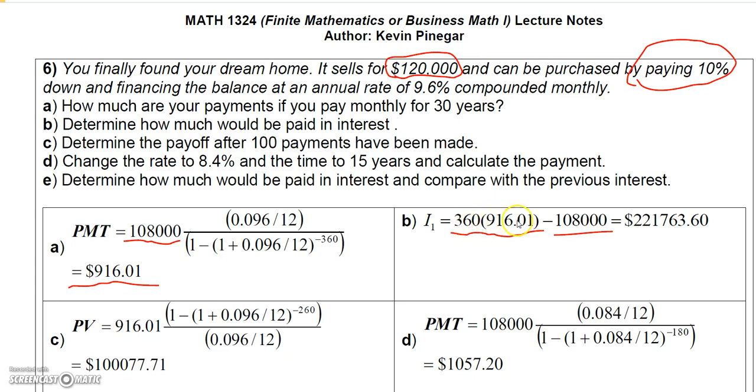And so if you take the difference of what you're going to pay over those 30 years minus the present value of the home, that tells you you're going to pay a total interest of $221,763.60. So that is a lot of interest charge there to pay on that home.